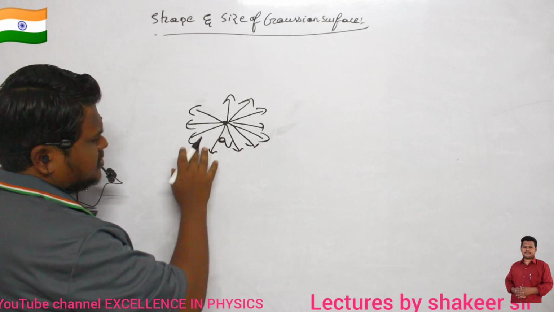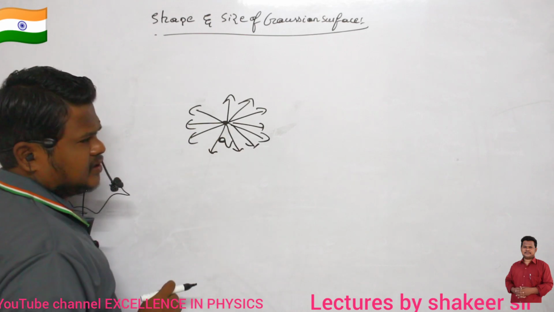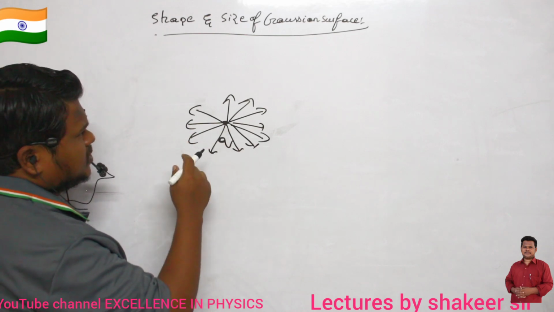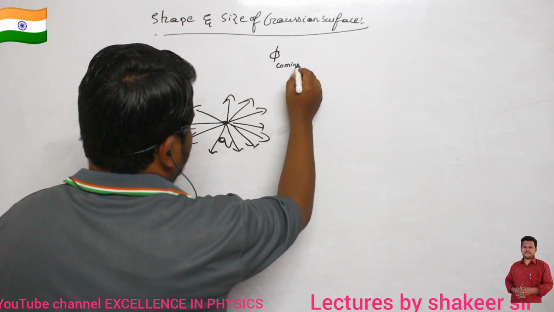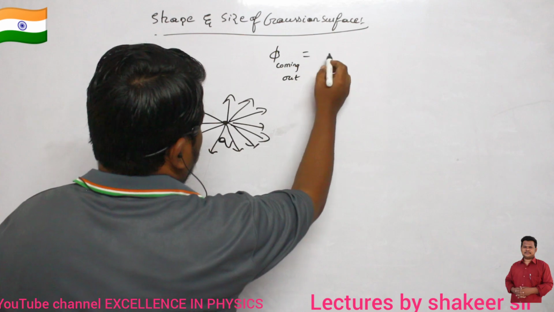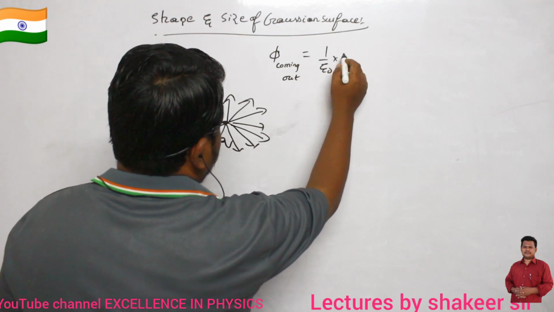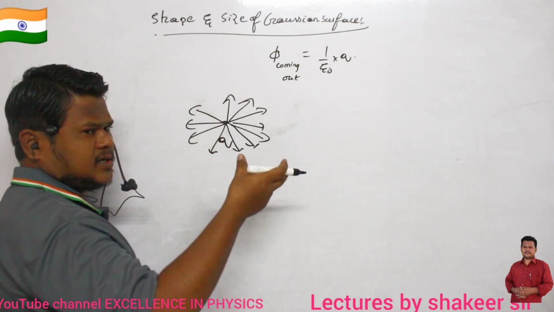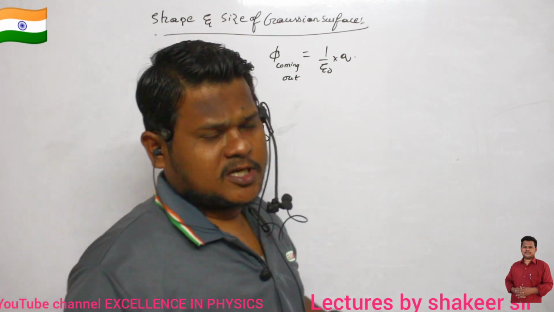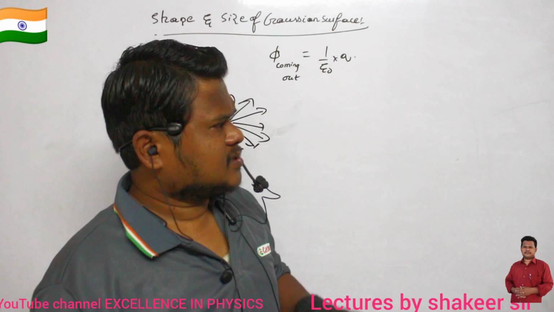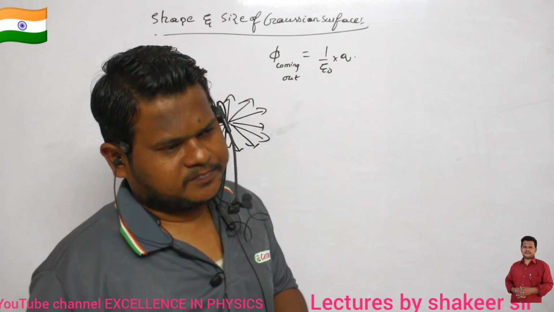Okay. So what is the shape of the Gaussian surface I can take? What is meant by Gauss law? Flux coming out is equal to 1 by E naught times the charge enclosed by a Gaussian surface. So which surface do I have to take, such that this equation is satisfied?